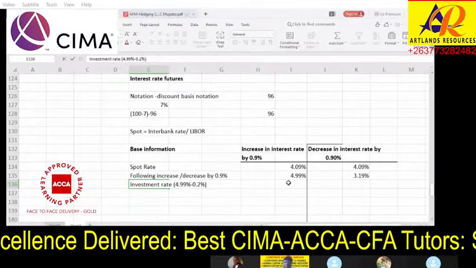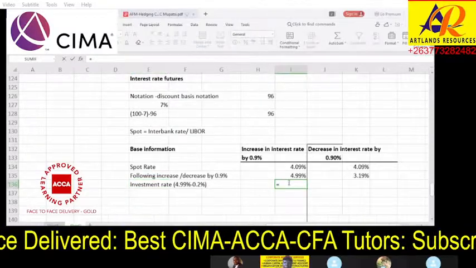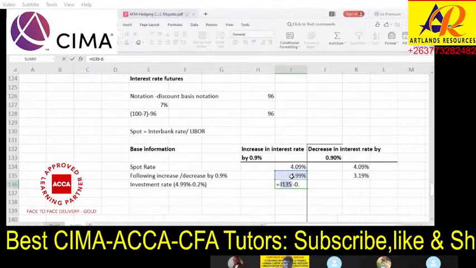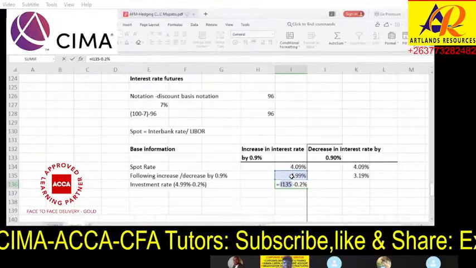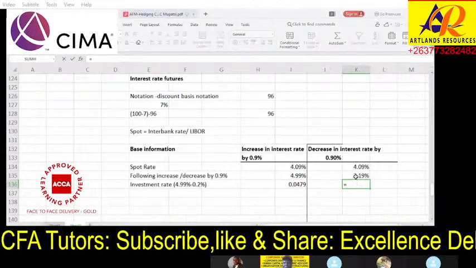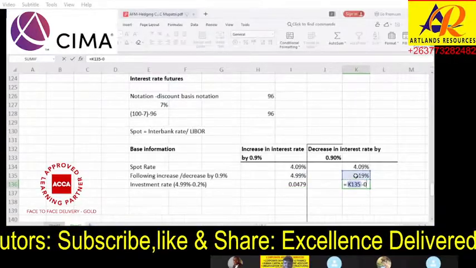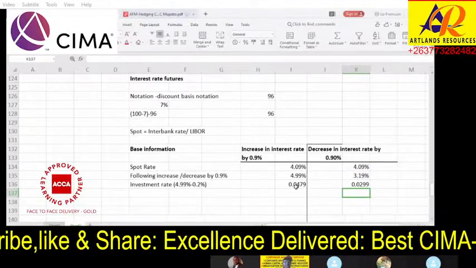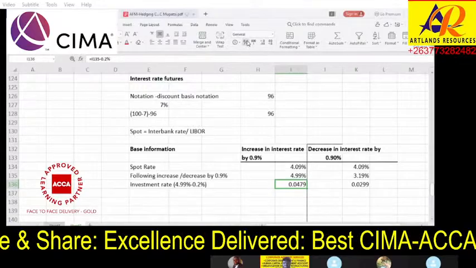So the investment rate for A1 equals interbank rate minus 0.2%. Here it's again the same, interbank rate minus 0.2%. This is the rate at which A1 invests funds.